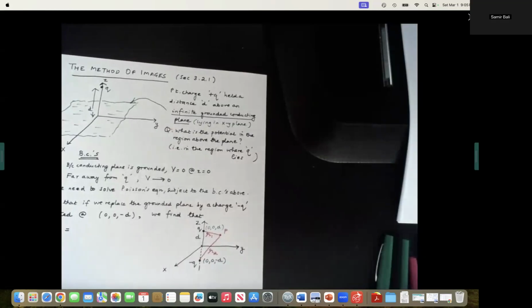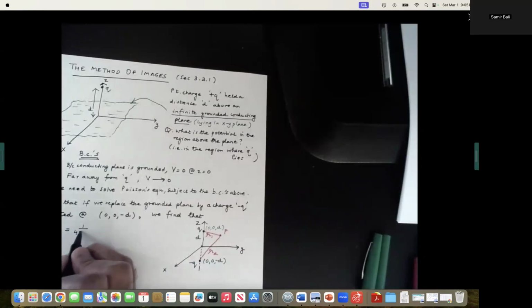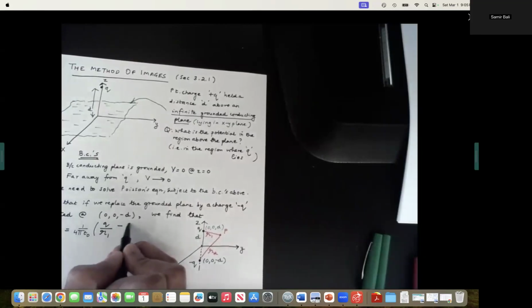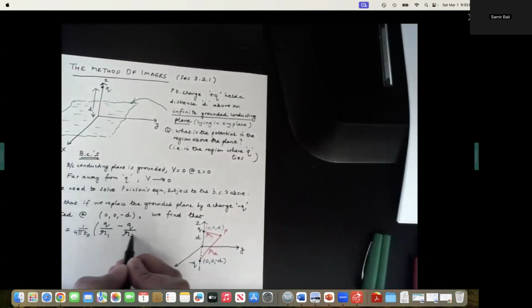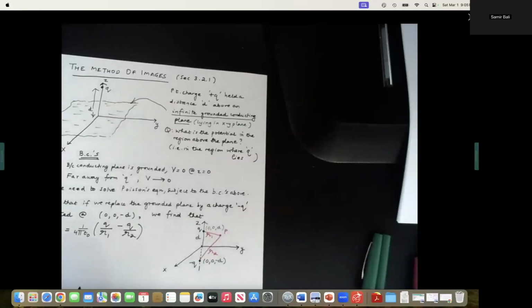Okay, and so the potential we know from these point charges at the point P is going to be Q divided by R1 minus Q divided by R2. It's just the sum of the potentials, right? But I know what R1 and R2 are, I can write them out in terms of the different variables here. So let's write that out.